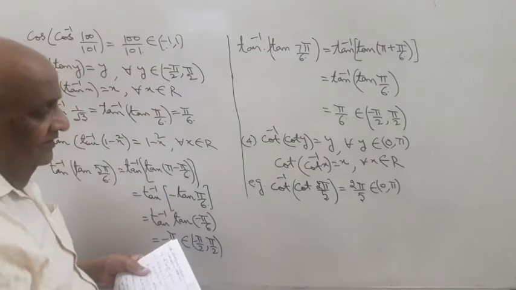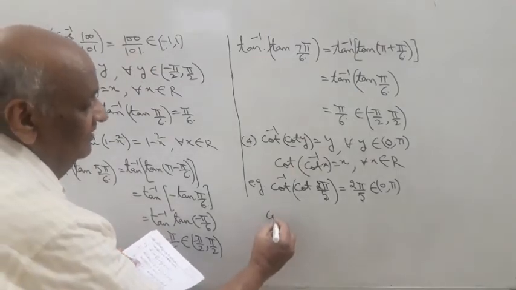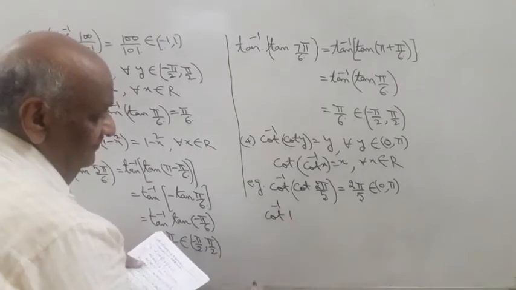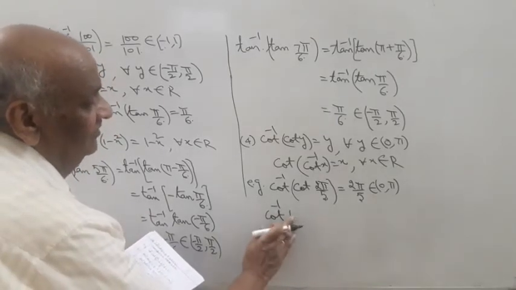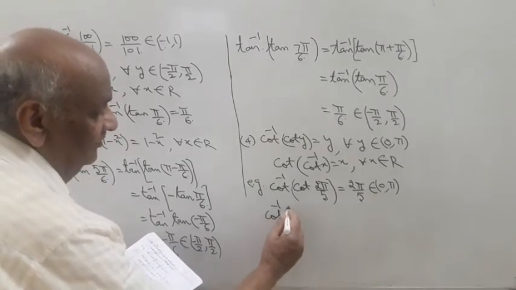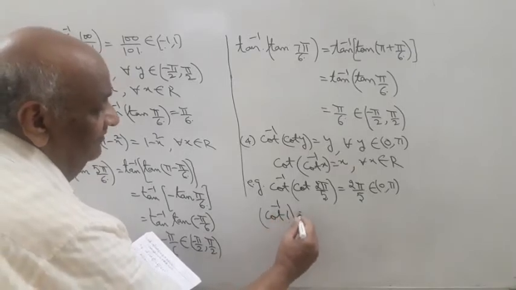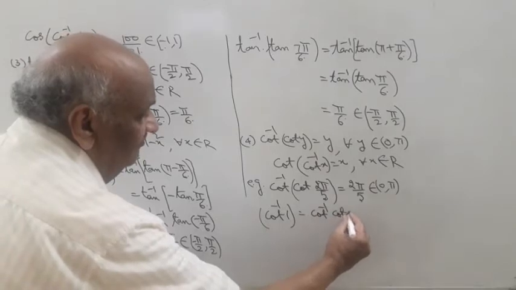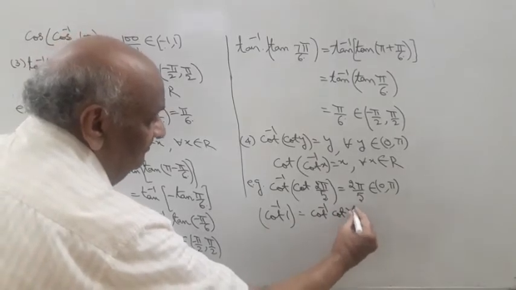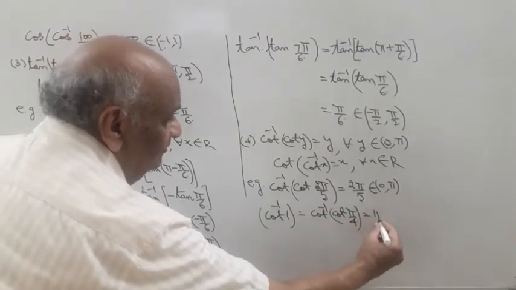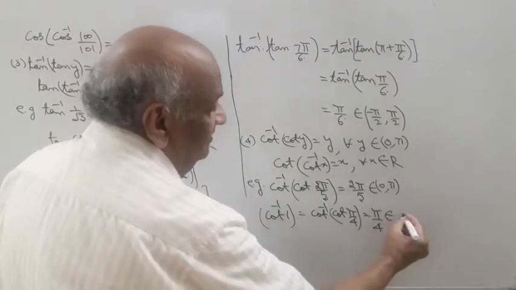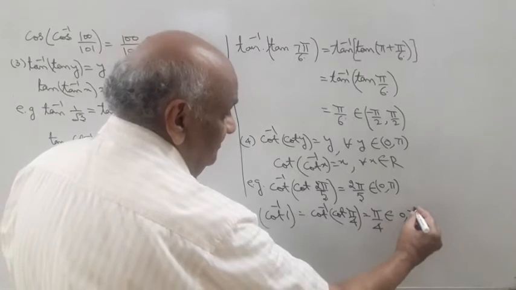Check out. Or take one more example, cot inverse of 1. Directly you can put cot inverse of 1 as cot inverse of cot pi by 4. That will be just equal to pi by 4, again a member of the principal value branch 0 to pi.